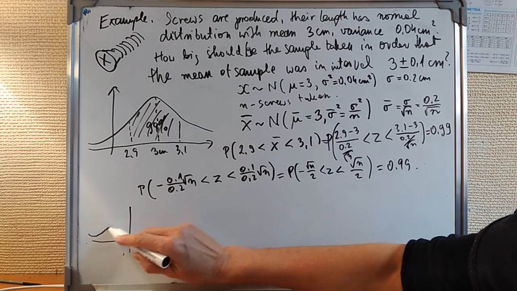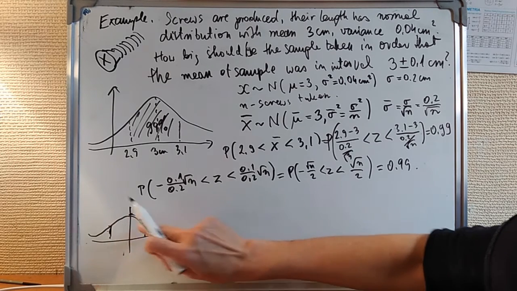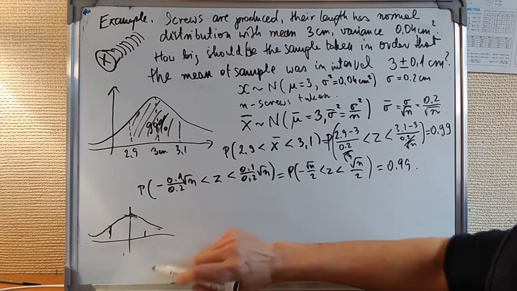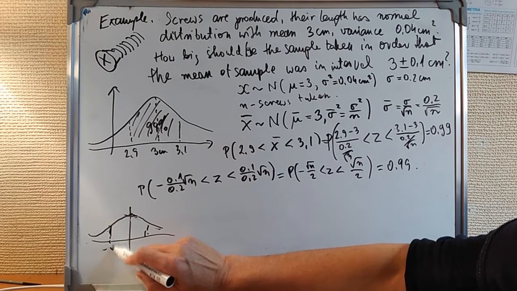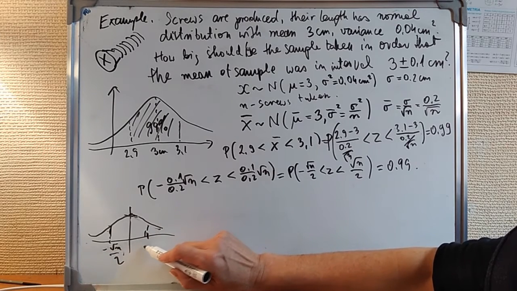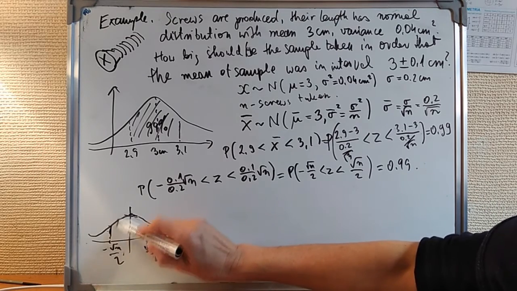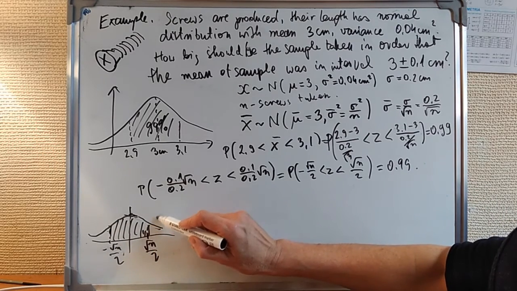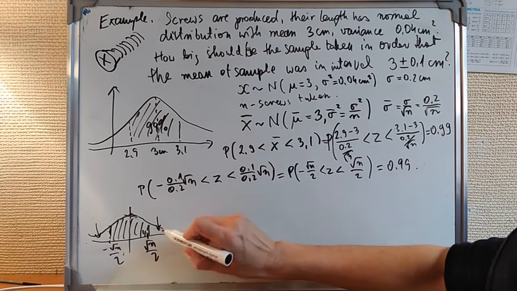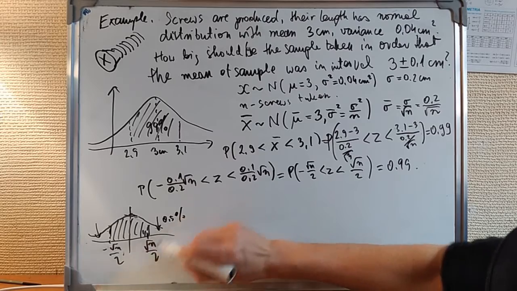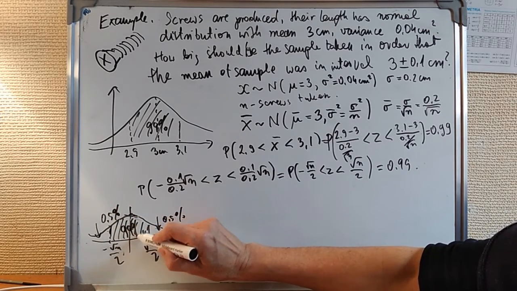Well, now let's have a look at the standard normal distribution. We want to be between minus square root of n by 2 and plus square root of n by 2, and we want to have 99% here. So what does it mean? We want to have 0.5% here and 0.5% here, okay, and 99% in the middle.